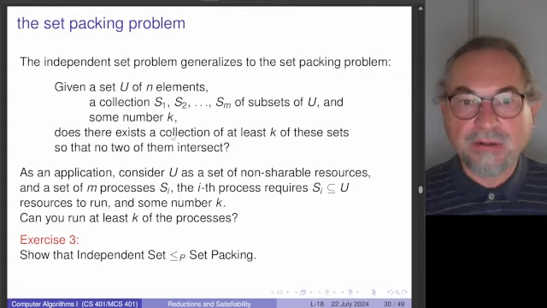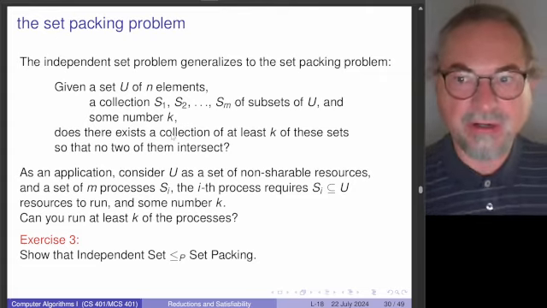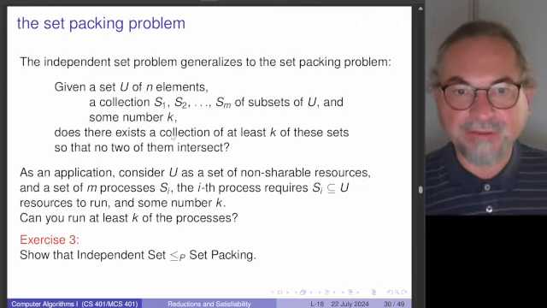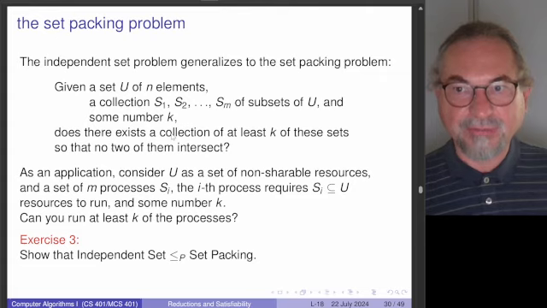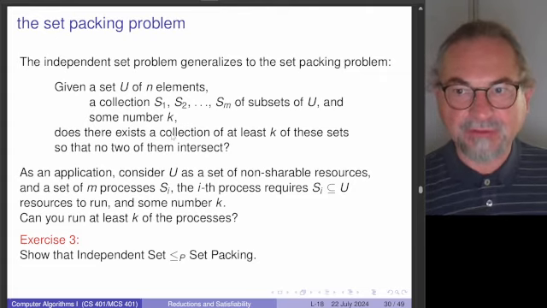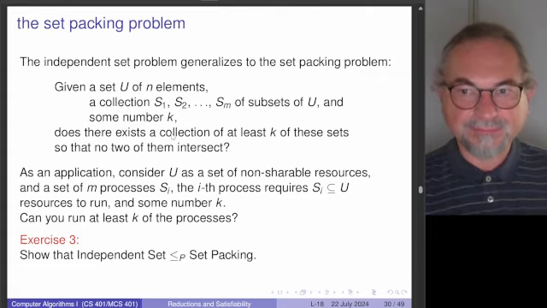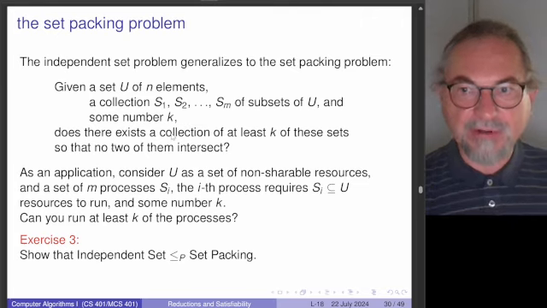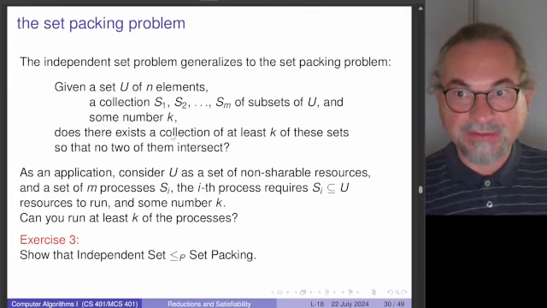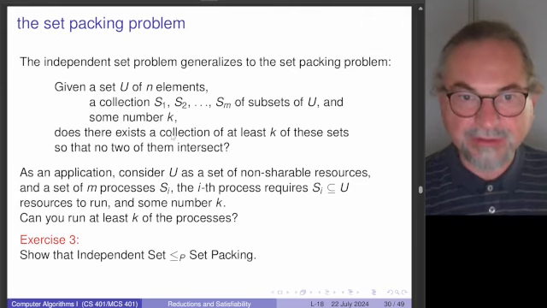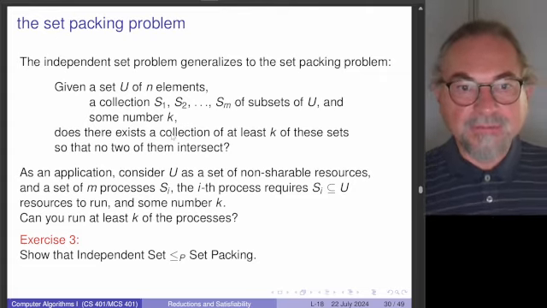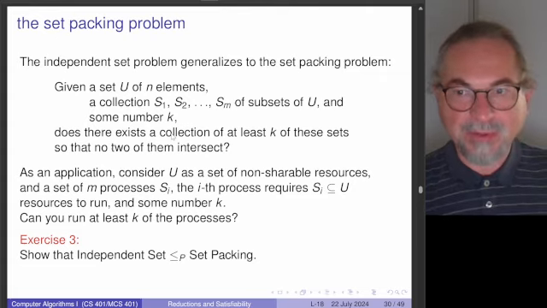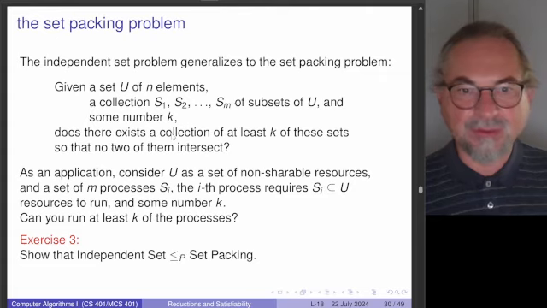Okay, so this is an application. We can go a little bit faster here. We have a set of resources that cannot be shared. It's not so much about capabilities now, but you can think of resources that you can't share. Can you select subsets so that there are no intersections? Here I should probably properly explain what is on the slides.